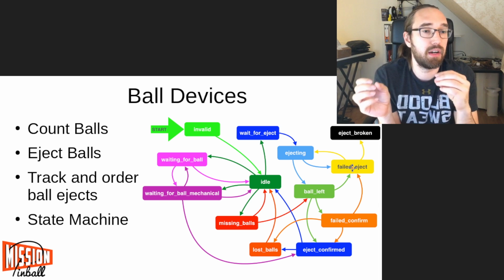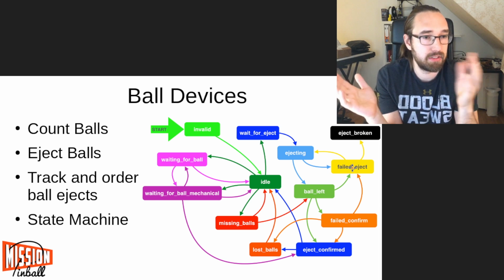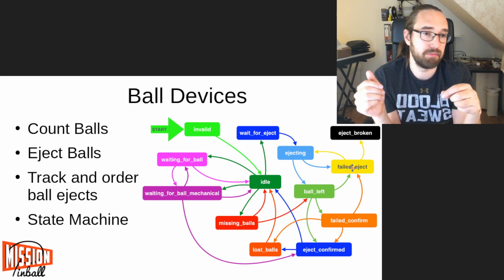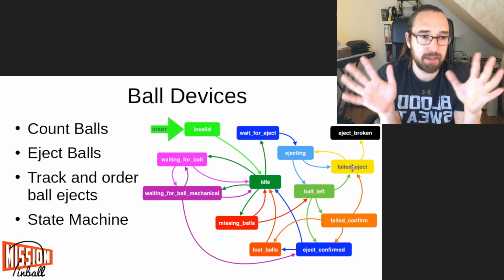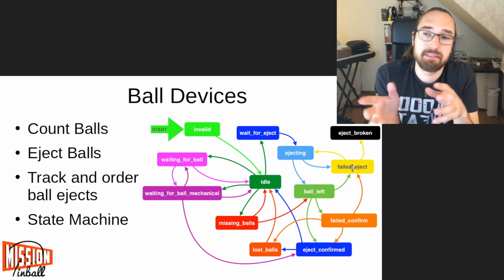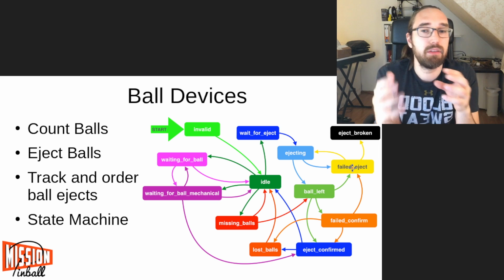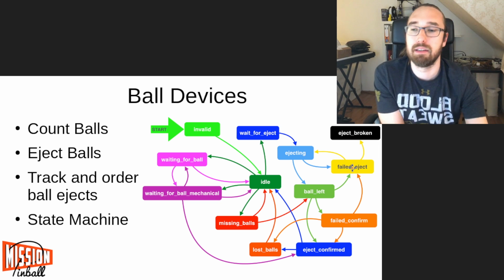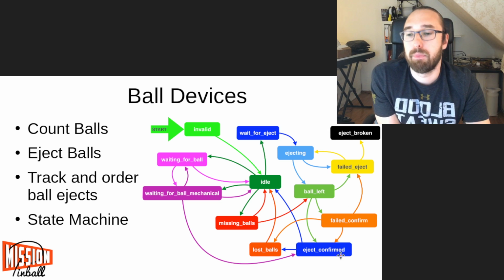I mean, you do not know if this ball drained from the playfield, if it's a trough, for example, or if it returned, in most cases. There are some cases where you can tell, but generally you can't. And that's basically the case where eject failed, and we would then retry, typically. When it's confirmed, then we typically go back to idle.